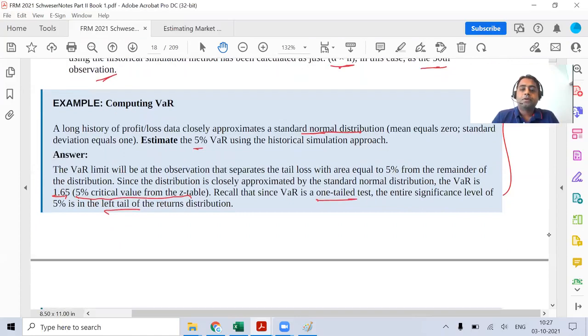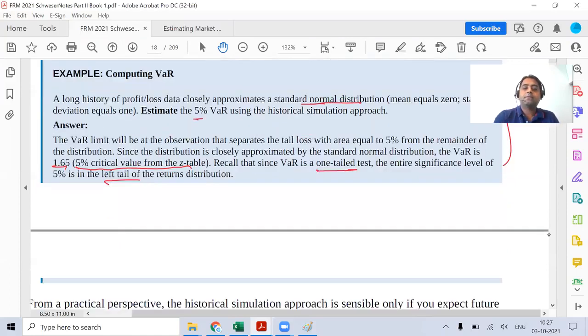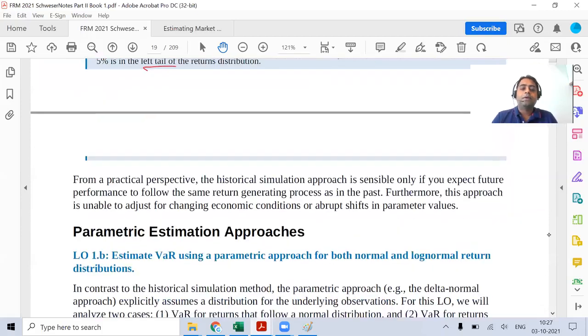Perfect. Taking you towards the next paragraph or the next slide. When we talk about historical simulation, the major thing is, since we are using historical data, what we are doing in historical simulation is taking the historical prices and calculating returns, and that return is what we are using to calculate the VAR or the expected shortfall.